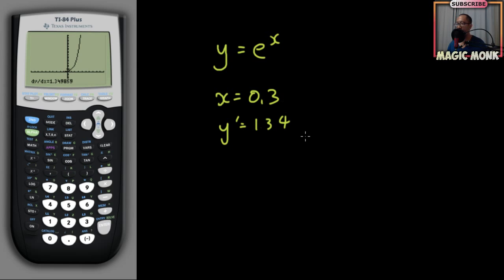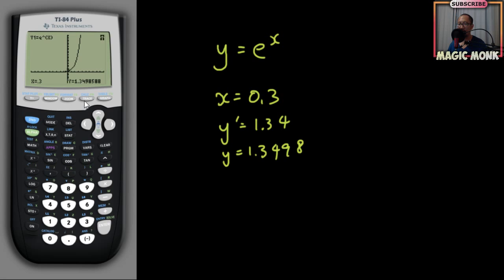Now the funny thing is, if you just go to trace and you find out what the y value is when x is 0.3, it's also 1.34. Wait, was it 1.3498? Let me just check that.